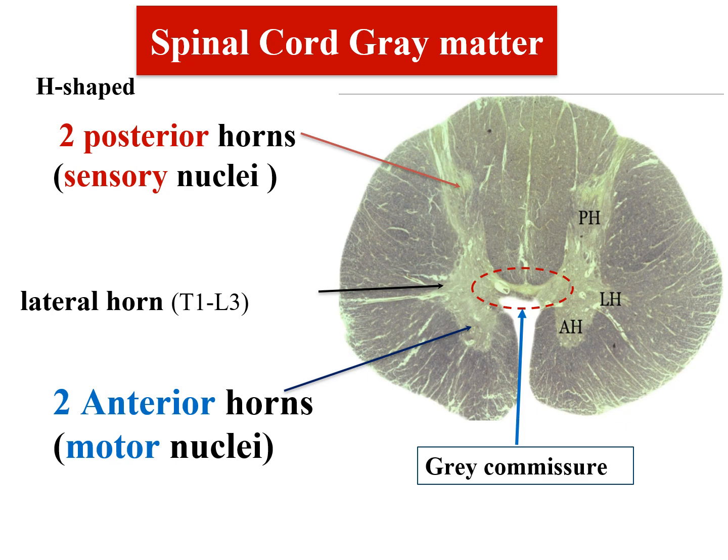The two posterior horns contain sensory nuclei, nuclei of sensory nerve cells. The anterior horn contains motor nuclei, and the lateral horn is present only in the thoracic segments, extending from T1, the first thoracic, to L3, the third lumbar segment.